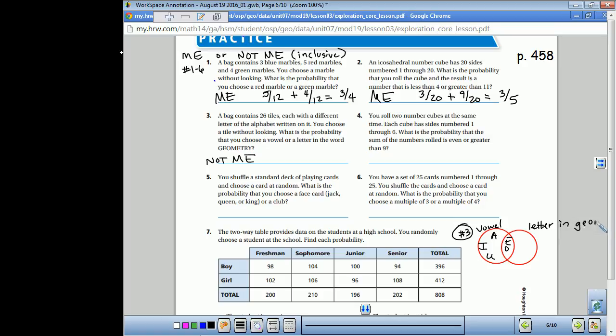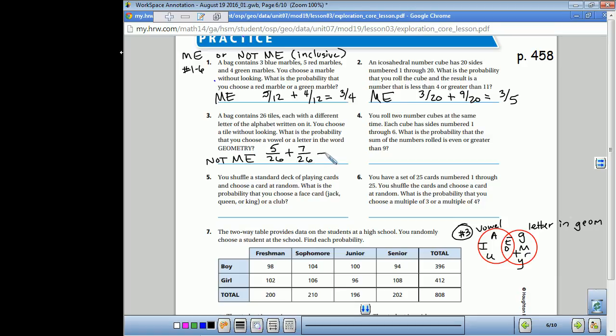So geometry is G, E, O, M, E, T, R, Y. Y is not considered a vowel in terms of probabilities. Okay? So, there are 5 vowels. So I'd have to do 5 out of 26 because there's 26 letters, right? Plus, geometry has 1, 2, 3, 4, 5, 6, 7, 8 letters.